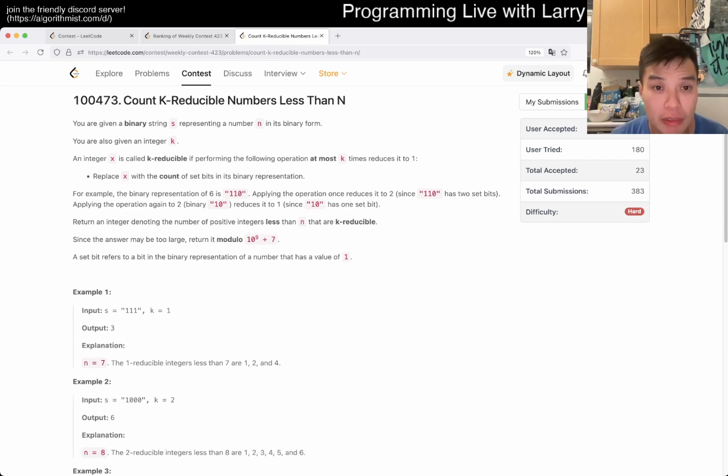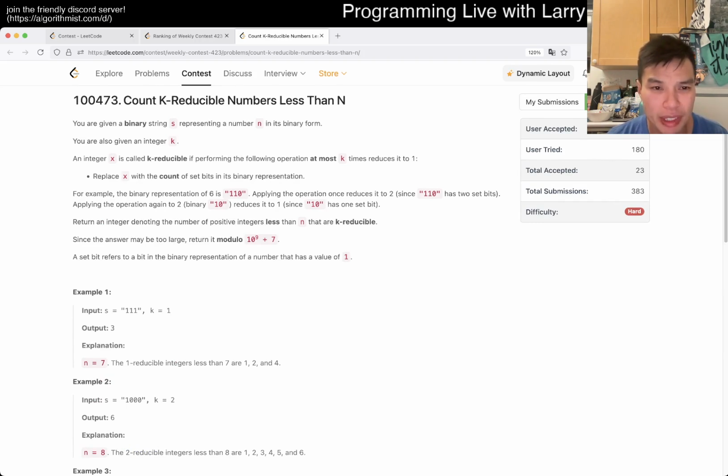Given a binary string S, what's the number? Binary string S represents the number n. Okay, this is 7. Constraints are smallish. Focus. Okay.